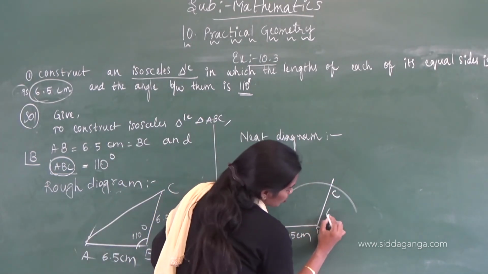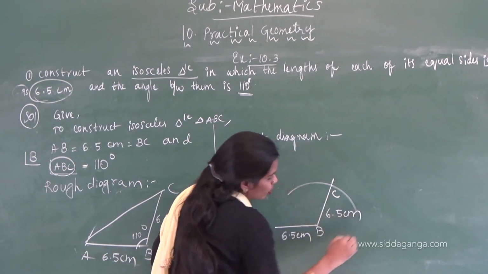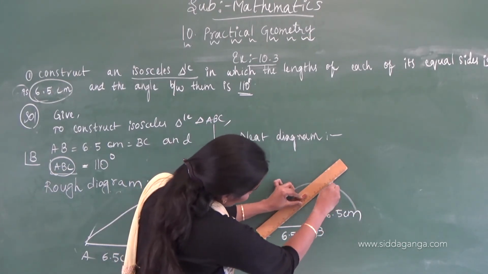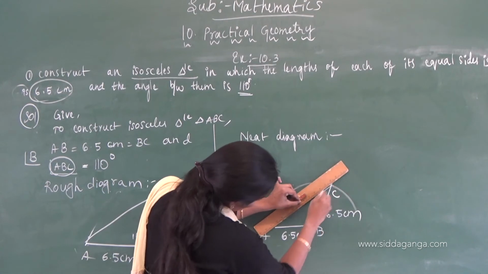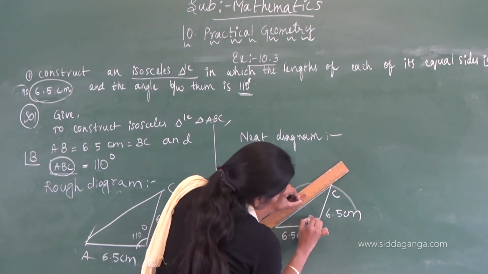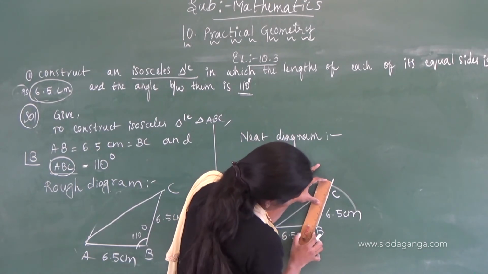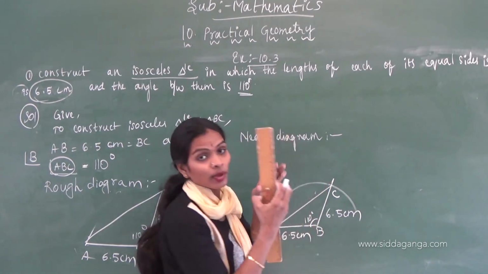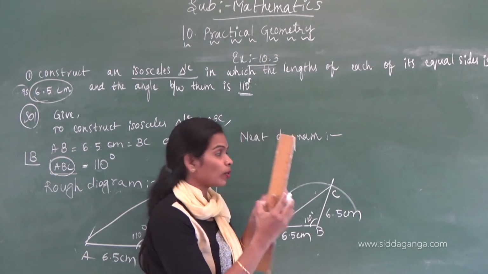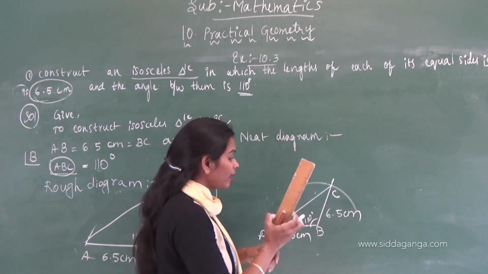And this one is 6.5 centimeters obviously, because by compass we measured it. If you have any doubt, just measure this one. See here, 6.5 centimeters, 6.5 centimeters. I also constructed correctly.